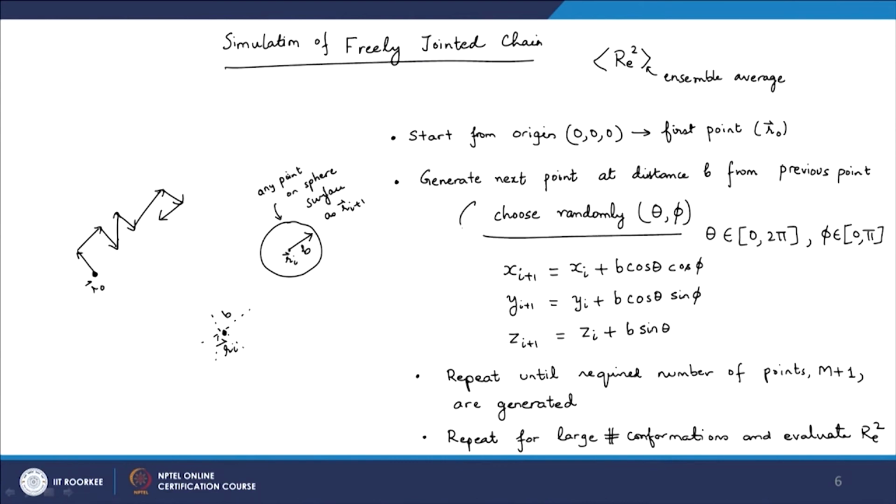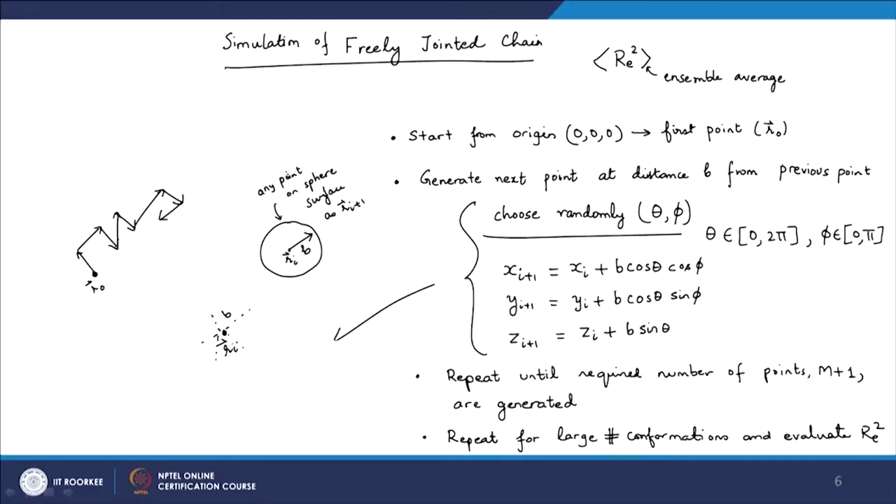There is only a small problem here: if I use this particular method of generating my random point on the sphere surface, it turns out to be inefficient in the sense that it will not generate points uniformly over the entire surface. You will tend to have more points near the poles and fewer points near the equator.